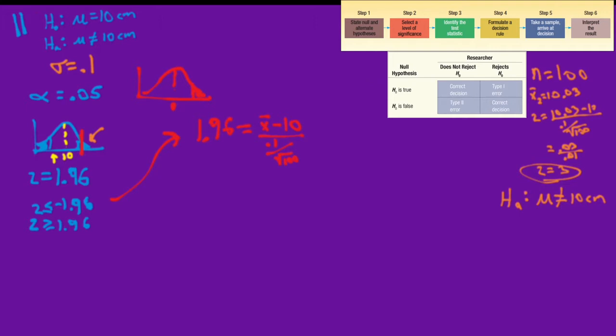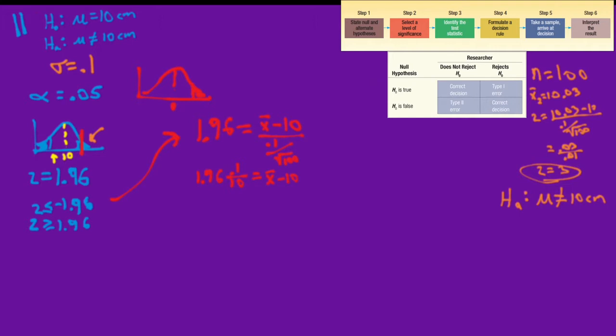So we do 1.96, multiplied by 0.1 over 10, equals x bar minus 10.